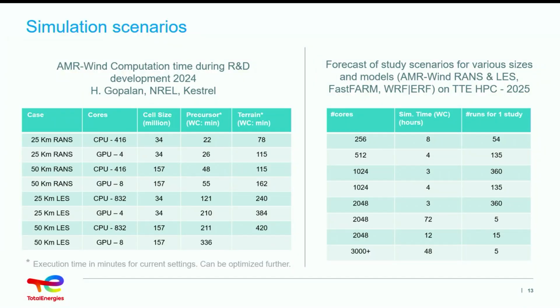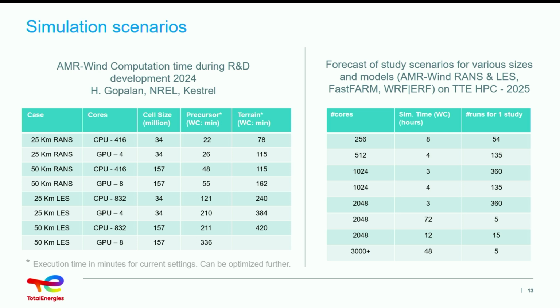So the smallest simulations we want to do for those workflows are with 256 cores for about 8 hours per simulation, and about 50 simulations for one site, for one study.